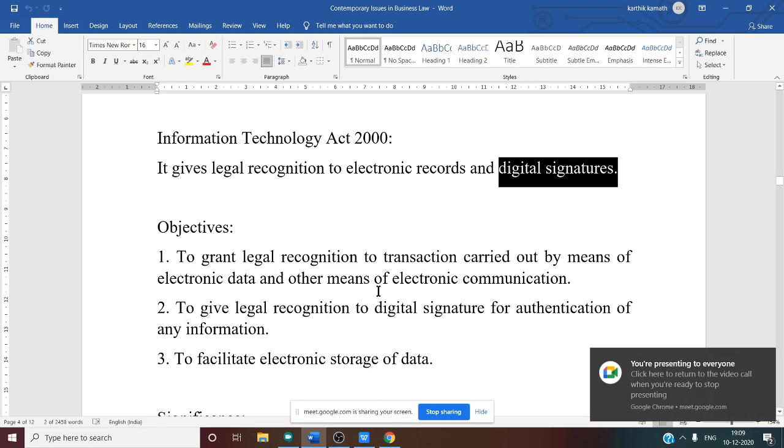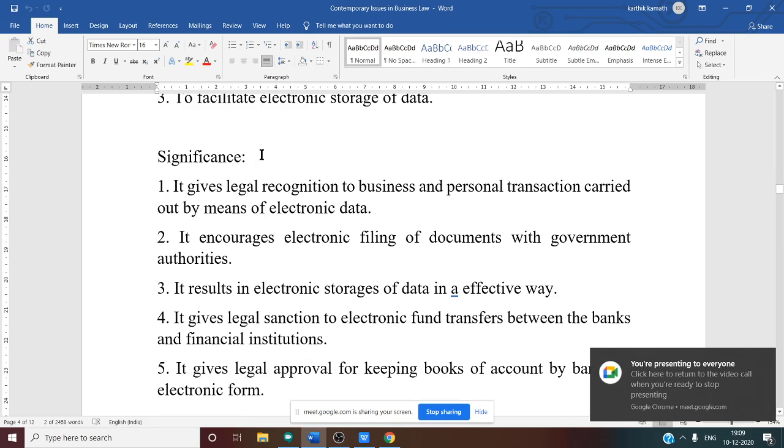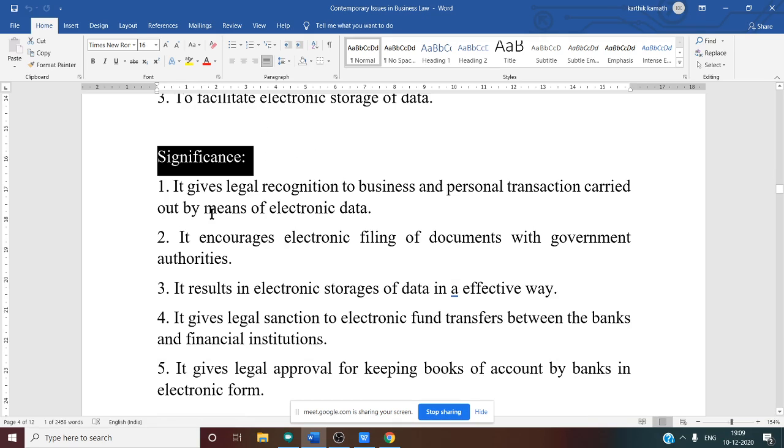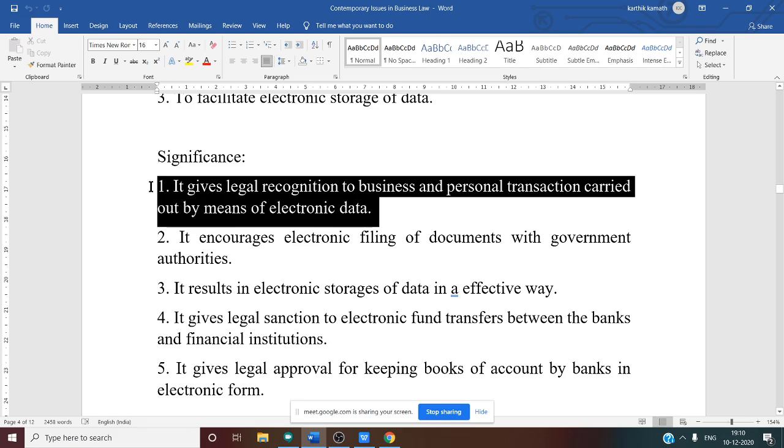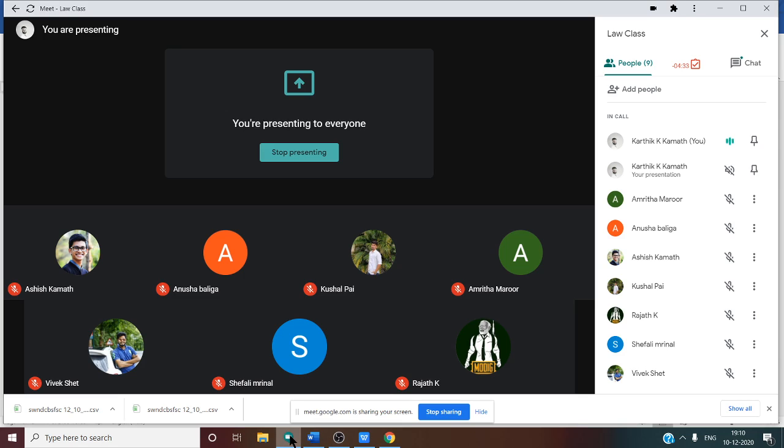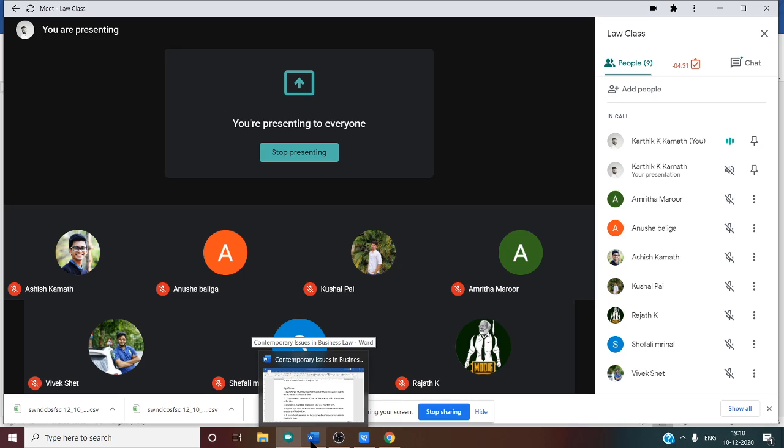Now you see the significance of the Information Technology Act 2000, or IT Act 2000. First, it gives legal recognition to business and personal transactions carried out by means of electronic data. Now we discuss the example of filing IT returns. For that, the income tax department portal is there. In that, you can log in or register yourself.